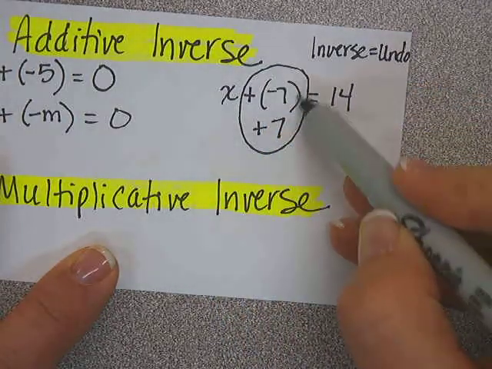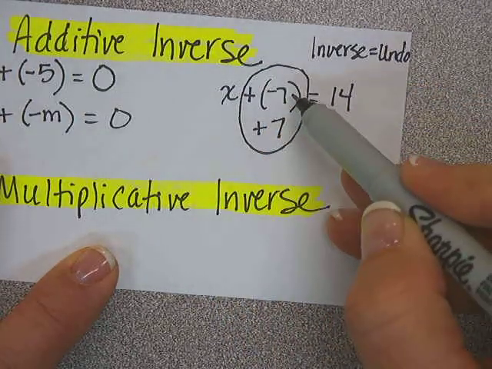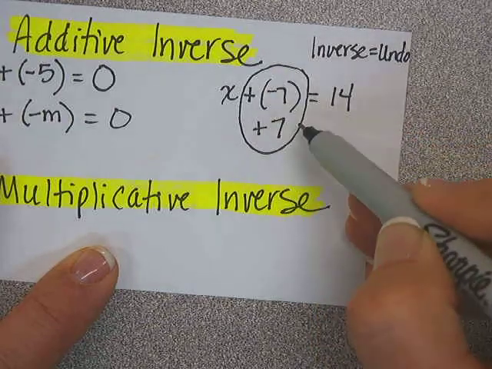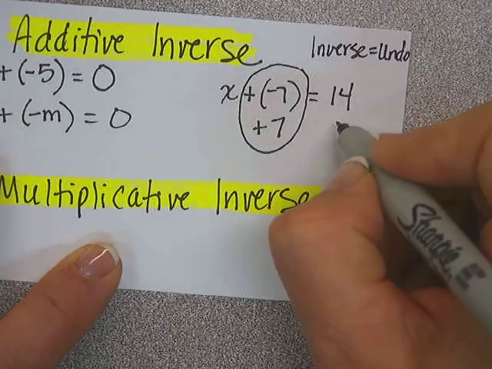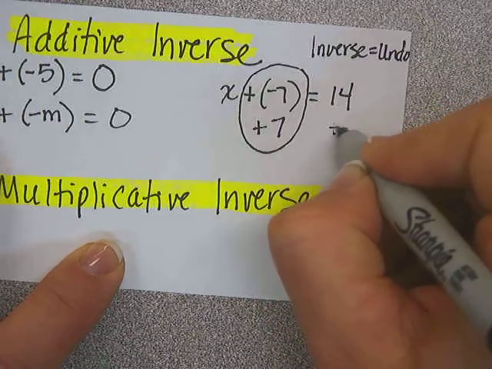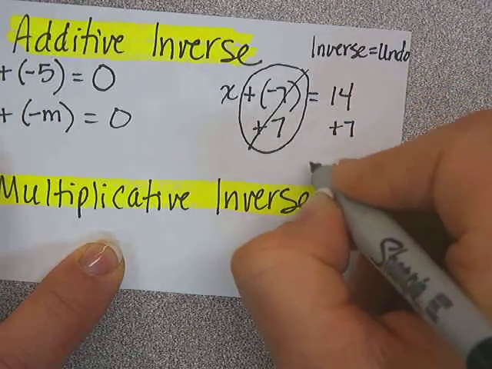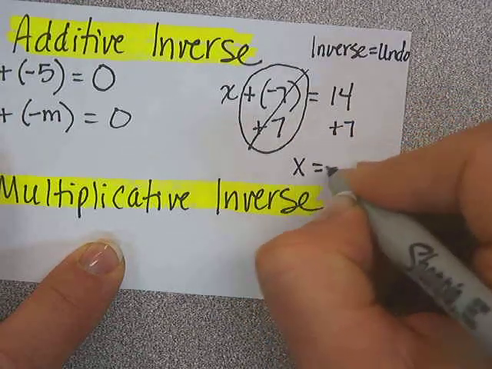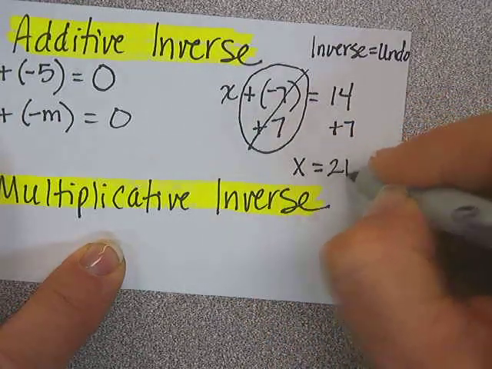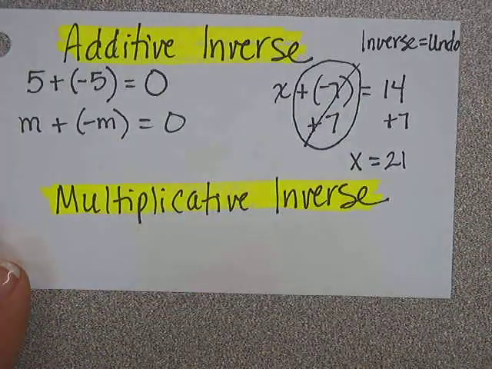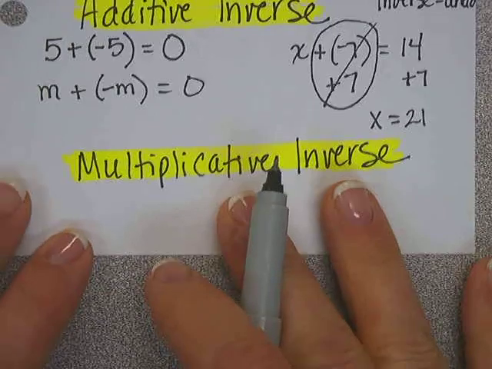So what would make negative 7 become 0? And that's if we add positive 7. So these two things, we zero them out because they are additive inverses. They undo each other. And if you add 7 here, you add 7 here, and these are gone. And we get x is equal to 21. So that's how we apply the idea of additive inverse.